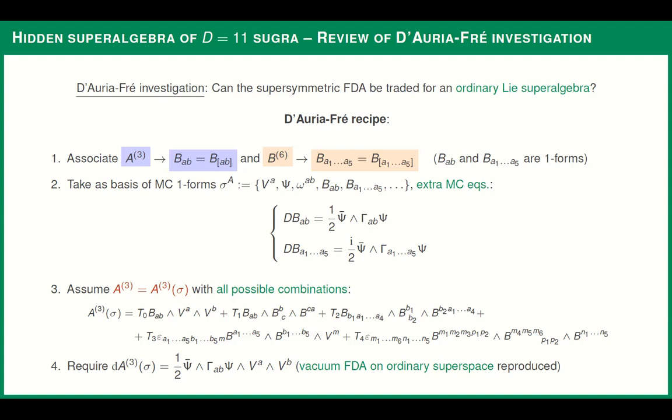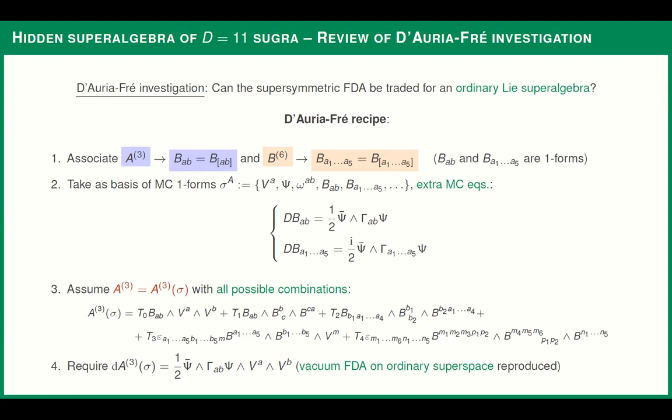Then the third point is to consider now our free-form gauge potential and consider, let's say, an ansatz for it in terms of those one-form fields with all possible combinations that we can write. This is what we can write with these forms for A3. These are in principle three parameters that have to be fixed.